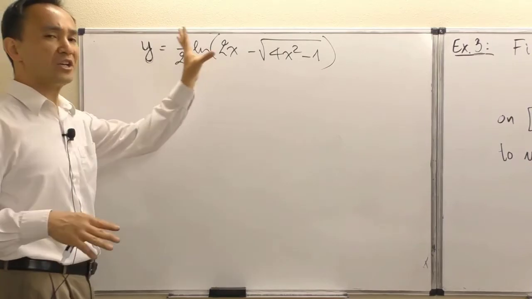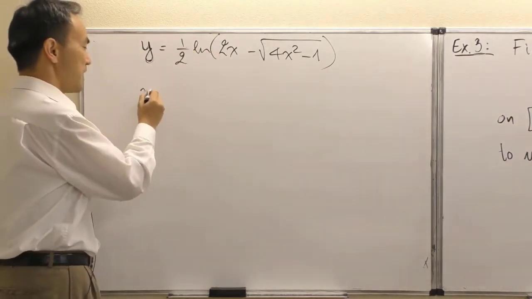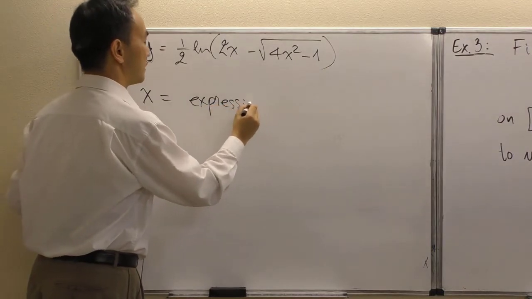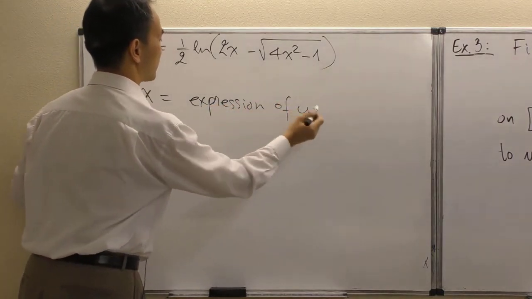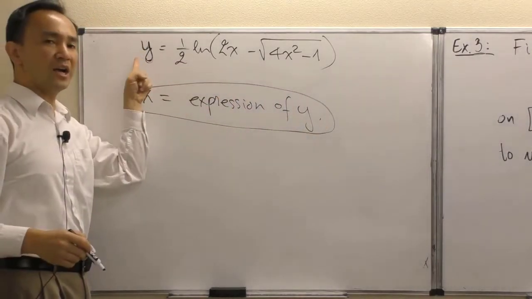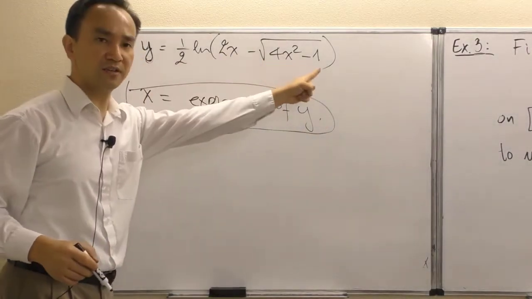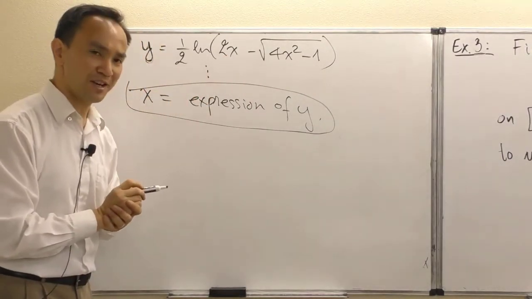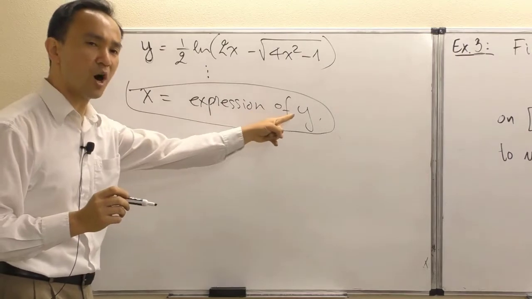We want to re-express this as x equals an expression of y. That's what we want to ultimately end up with. Right now we have y equals an expression involving x. It takes quite a few steps, and we want to find out what that expression in terms of y is.